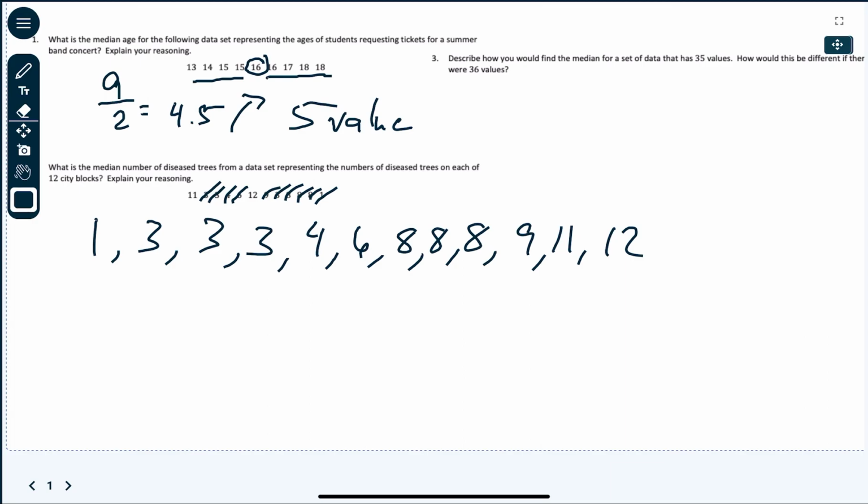So, now that we've got that, now we can say, how many numbers do we have? 1, 2, 3, 4, 5, 6, 7, 8, 9, 10, 11, 12. Well, what's 12 divided by 2? So 1, 2, 3, 4, 5, 6.